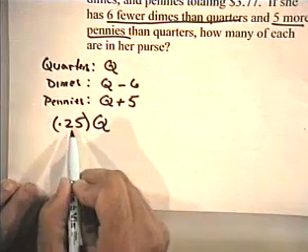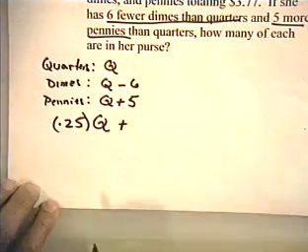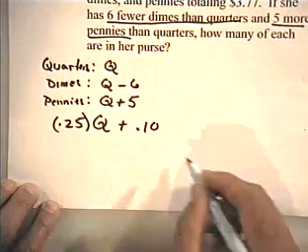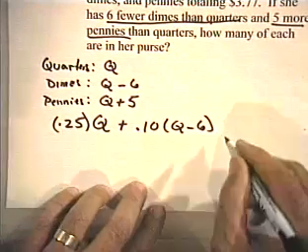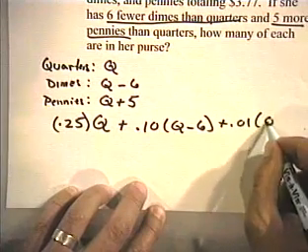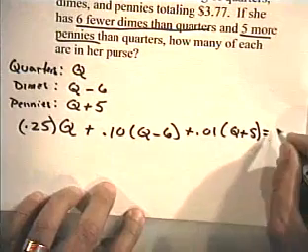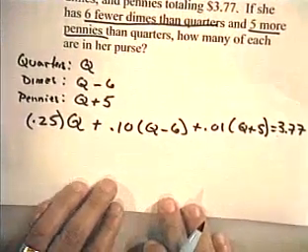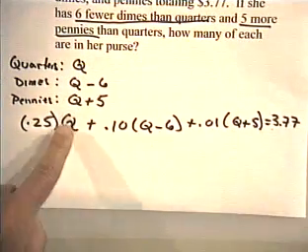So we have 0.25, that's the value of a quarter, plus 0.10 times the number of dimes, plus the value of a penny, 0.01 times the number of pennies. And that, of course, is equal to the total, which is 3.77. Now that is a linear equation.